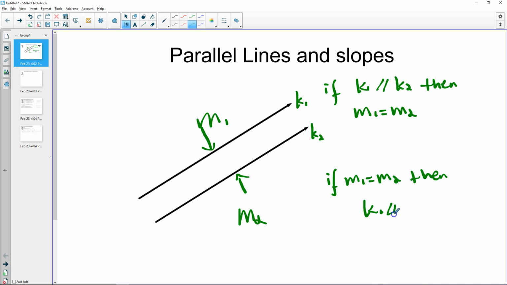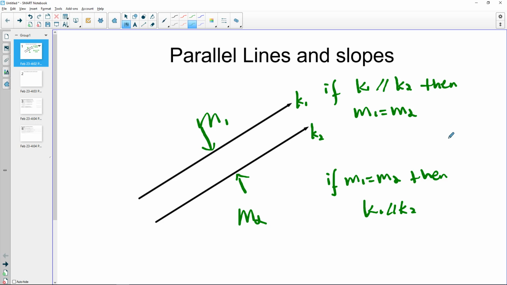Now, in Algebra 1, this may sound a little bit odd. These two statements seem similar, but actually they serve different purposes. If you are in my geometry class, possibly you've seen it before. It's one of those converse statements. One of them is actually proving the property of the lines, and the other one you actually use the property of the line for the slope.